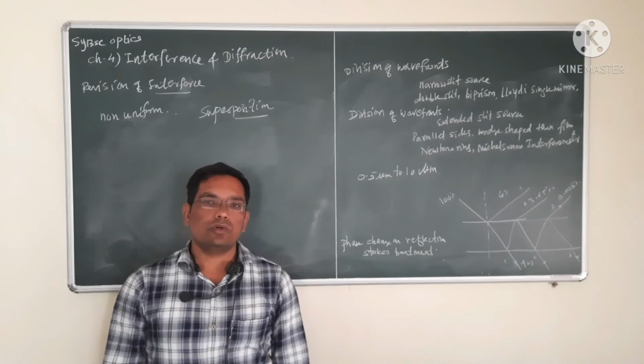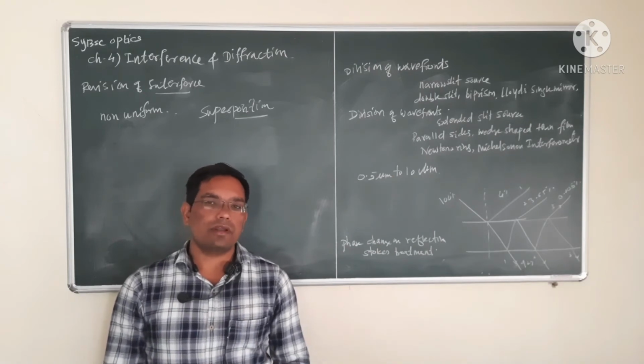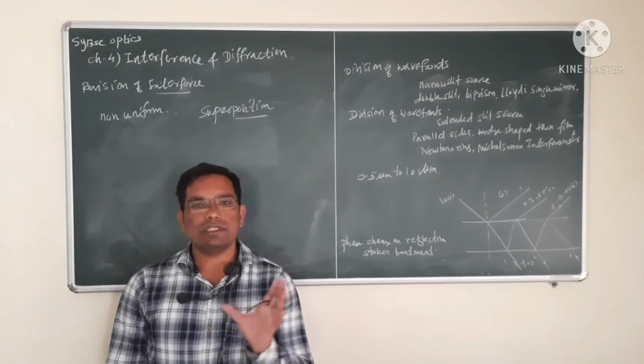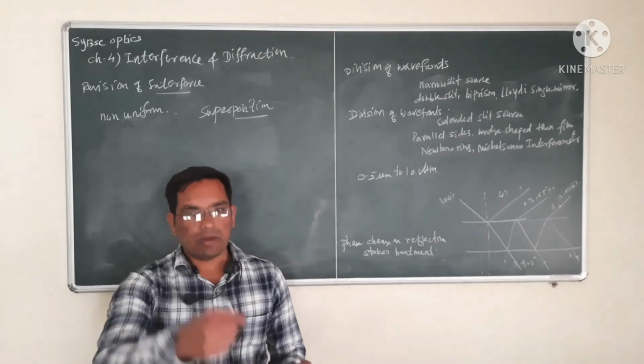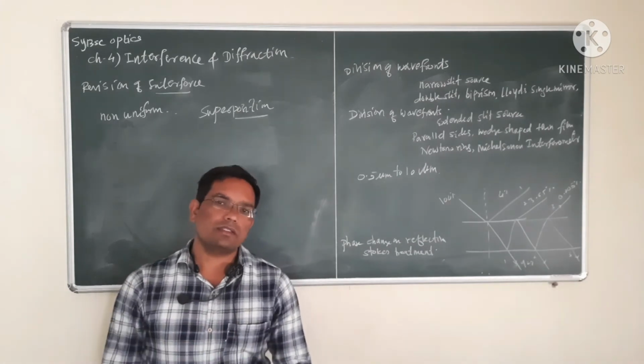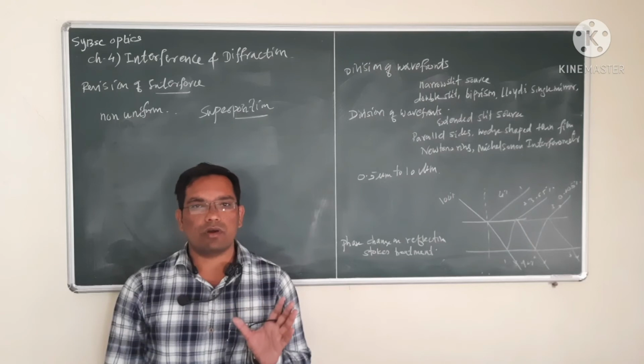Okay, so you can observe interference for any type of waves, not just light wave, sound wave, pressure wave, or you can say ripple waves in water. So from that we can also get phenomena of interference.